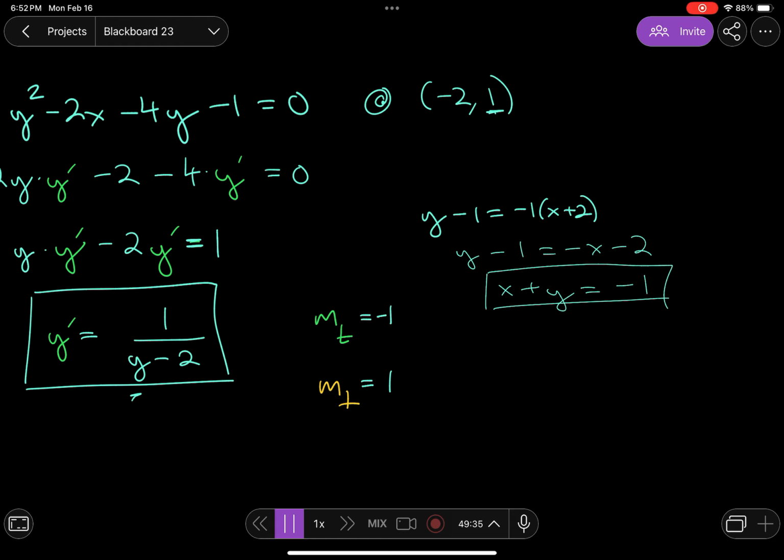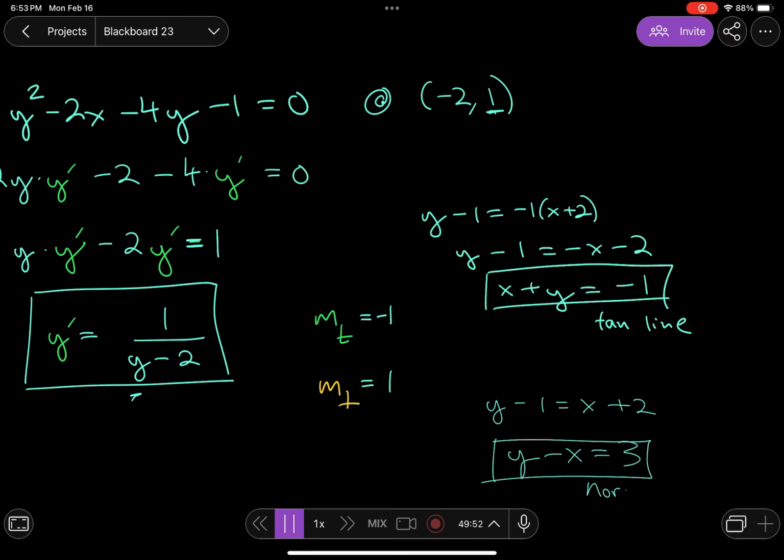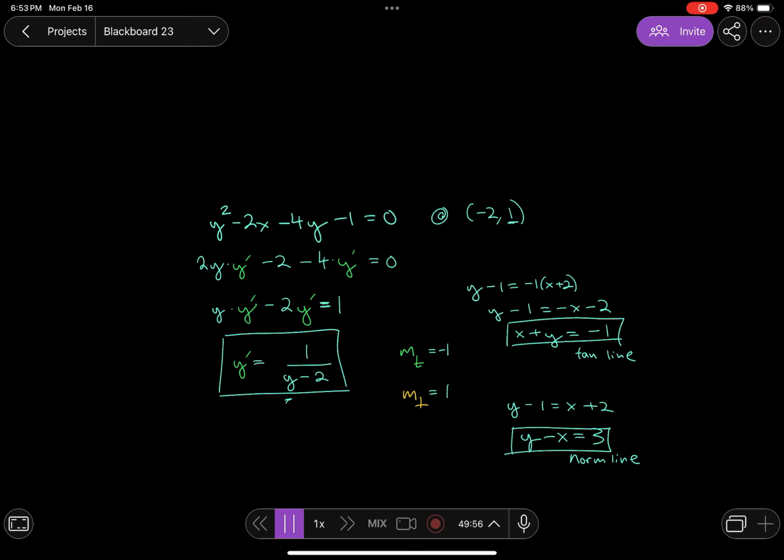Tangent line, done. For normal line, we got y minus 1 is equal to x plus 2. And that's easy enough. Y minus x is equal to 3. Normal line. So we got tan line and normal line. And that's it. Call it a day.